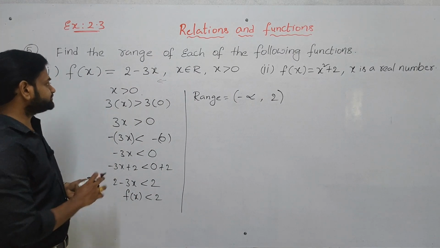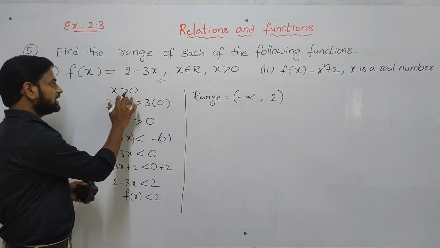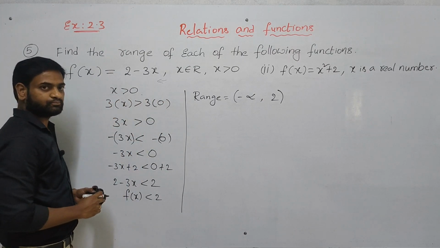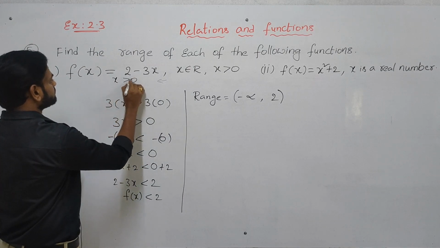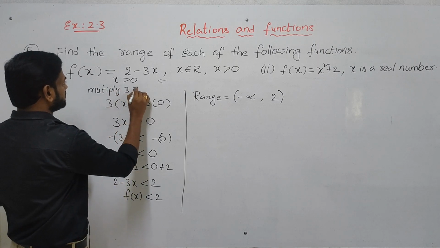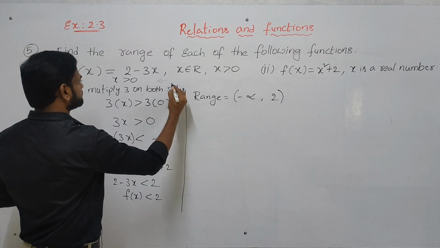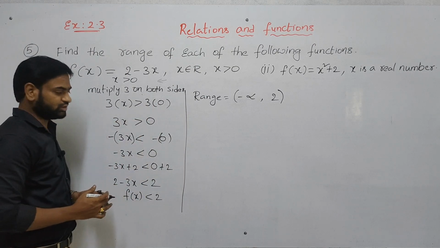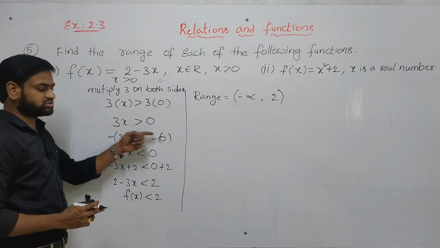Once again, see here, the x value is above 0. Here you can write multiply 3 on both sides. So 3 into x greater than 3 into 0, 3x greater than 0. Next, multiply by minus on both sides.